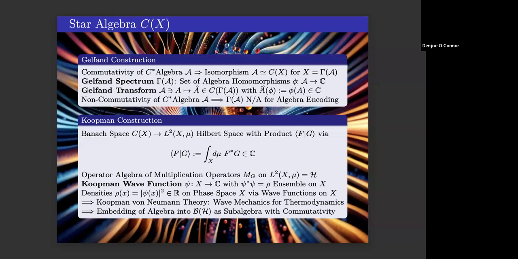We look at this Hilbert space of square-integrable functions on X, and we introduce the inner product, as is known, the integral over this measure of f-star g, and then you now have again an operator algebra of multiplication operators. You can just take functions, and they act on other functions via left or right multiplication, and those left or right multiplication operators are now the elements of your algebra, and they act on functions.